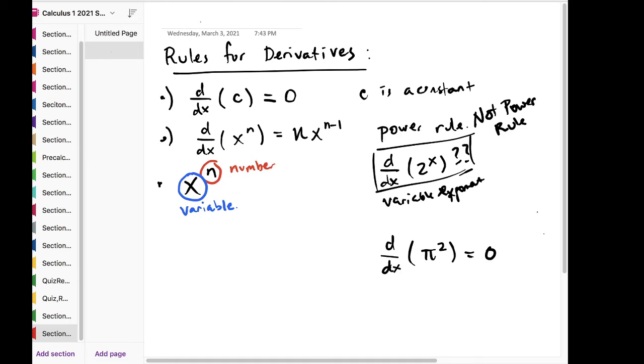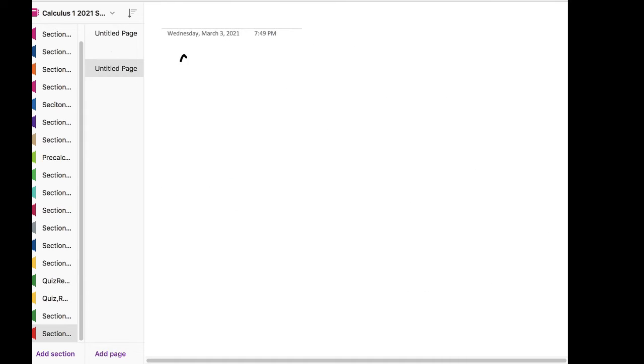Okay, yeah, because this is a constant base. Okay, so just things to watch out for. Okay, let's do some more. If I have the derivative of a sum, what is the derivative?